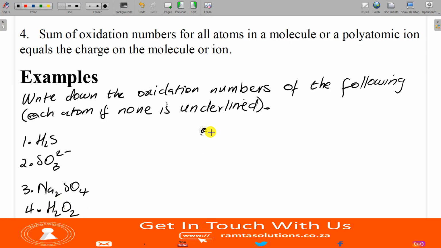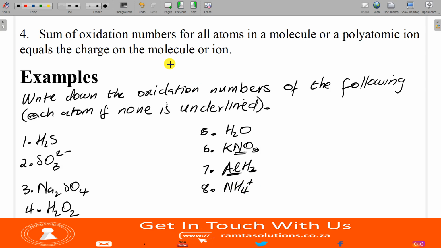Number 5, H2O. Number 6, KNO3, and I'm underlining nitrogen. Number 7, AlH3, underlining aluminium. Number 8, NH4 plus.